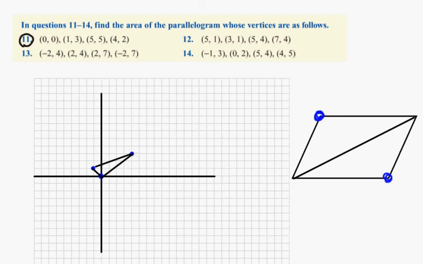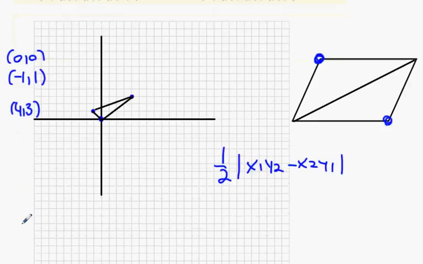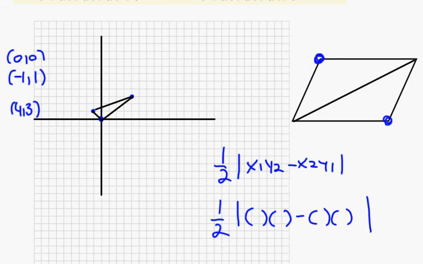So our vertices are 0, 0, minus 1, 1, and the last one 4, 3. Now all I have to do next is use my formula, half x1 y2 minus x2 y1. Then I have half of 4 different numbers that get multiplied, two and two, then take them away. Okay, what's my x1 y1 value?